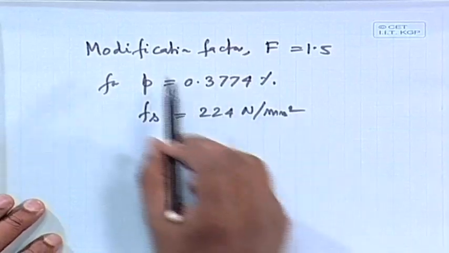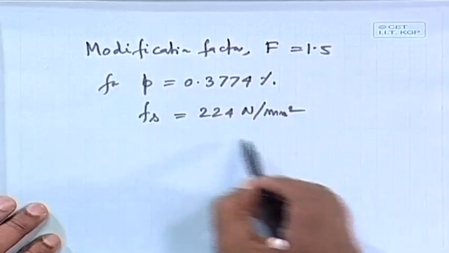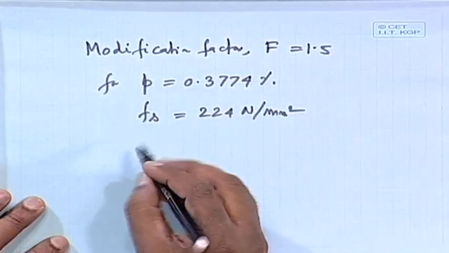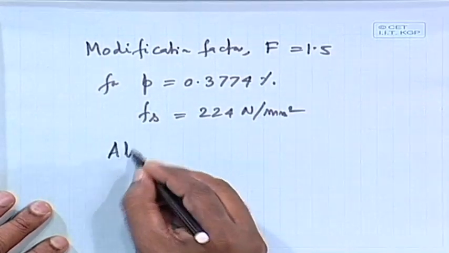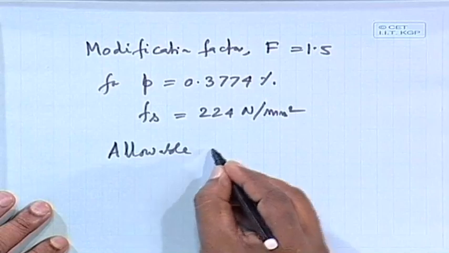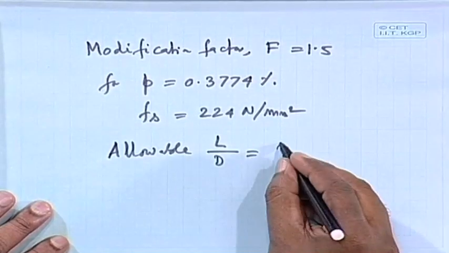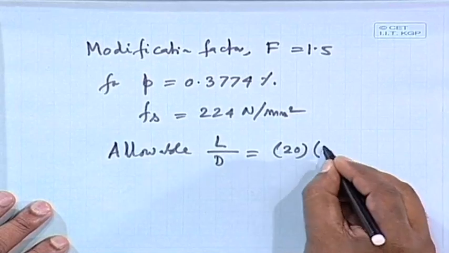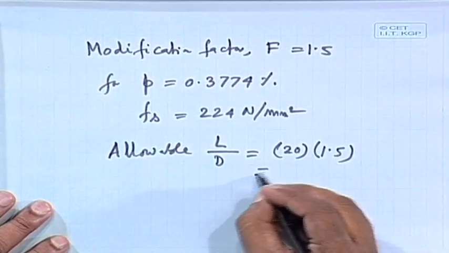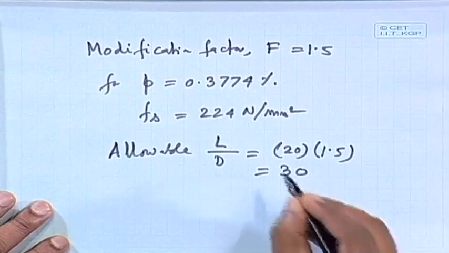So, we can take that and find that F equals 1.5. So, allowable L by D equals 20 times 1.5 equals 30.